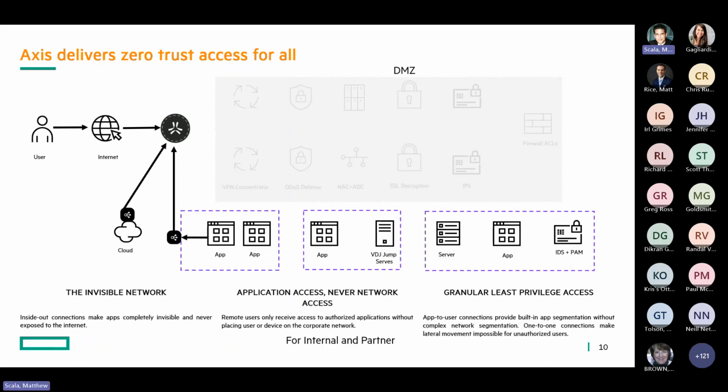We're no longer putting them on your campus. We're connecting them to the Access Atmos cloud and brokering a connection back to your application. Again, this could be in your on-premise data center. This could be your application that's hosted in the cloud. This could be a SaaS application.